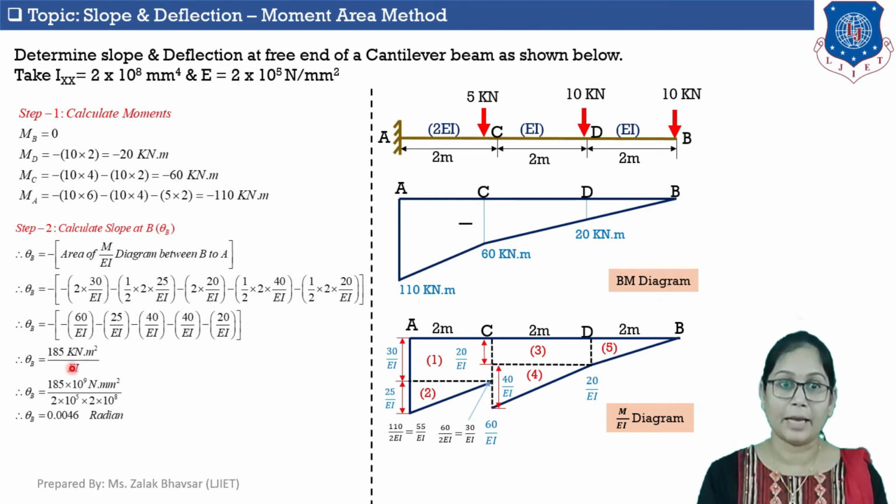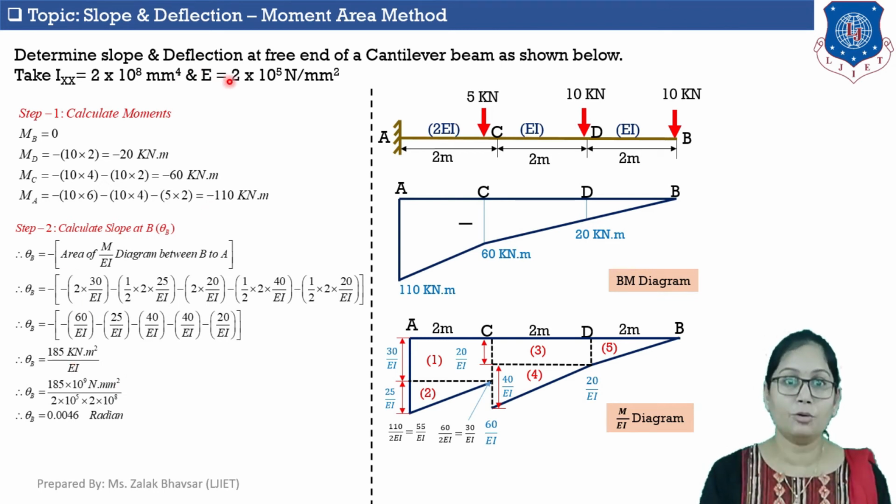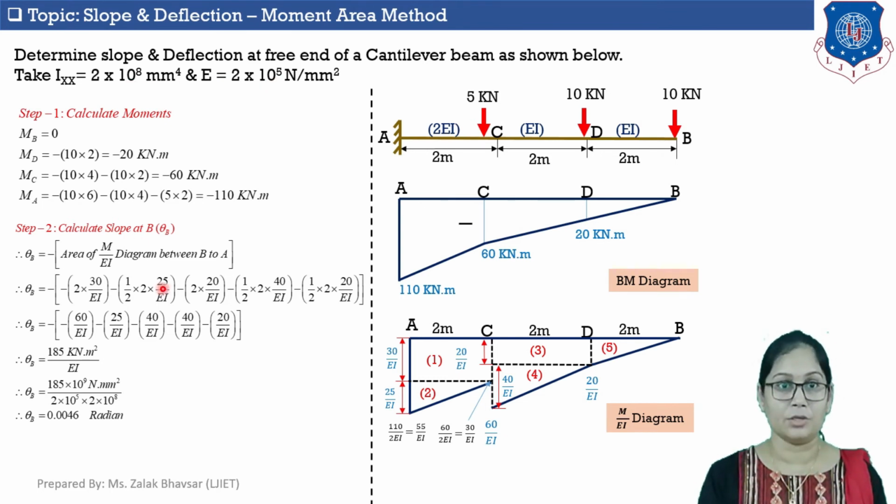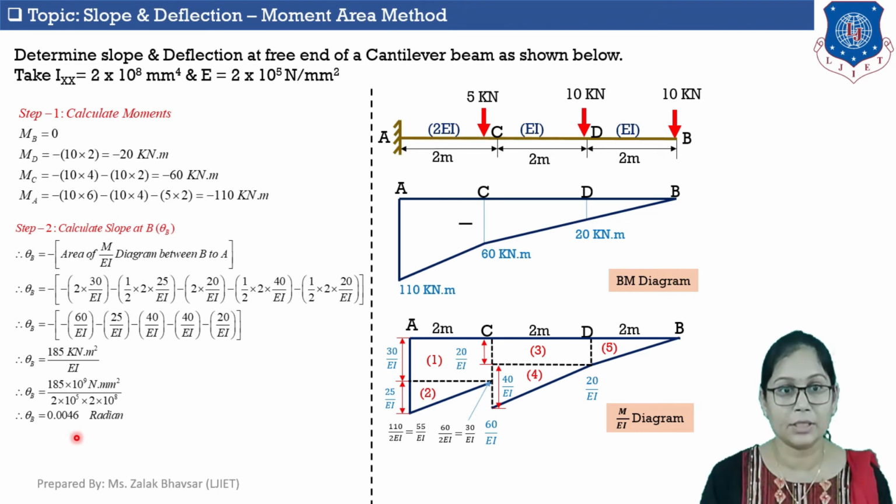Now the value of capital E, which is given, is 2 into 10 raised to 5, and the value of I is also given, which is 2 into 10 raised to 8 mm raised to 4. So I am getting the value of theta B is equal to 0.0046 radian. Now let's move to the next step.